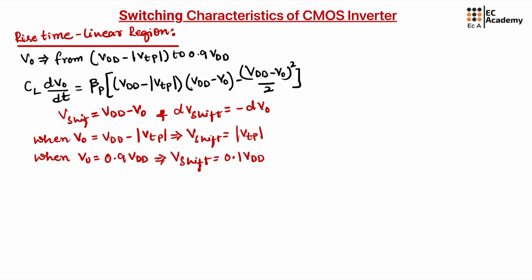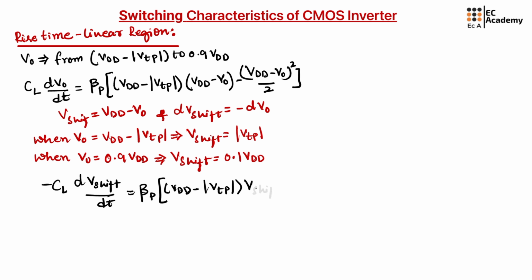So if we substitute the V shift value in the above equation, we will get minus CL dV shift divided by dt will be equal to beta P into (VDD minus absolute value of VTP into V shift minus V shift square divided by 2).